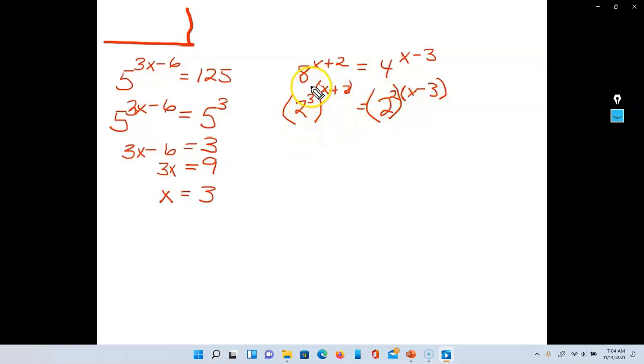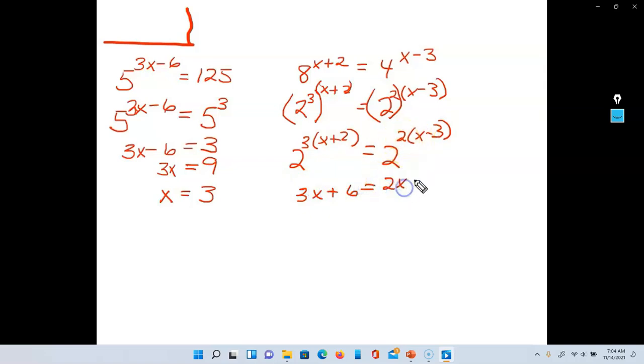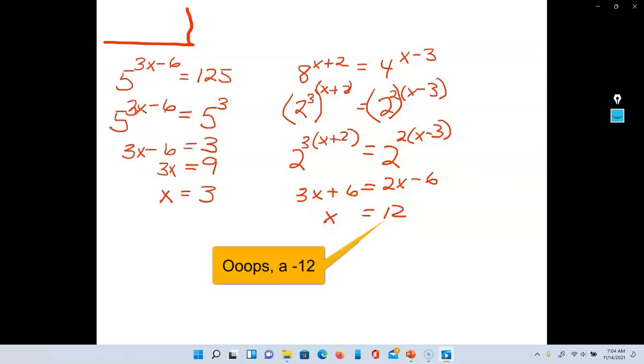So we know we can bring this, we're going to multiply, so this becomes 2 to the 3x plus 2 equals 2, bring this out, 2 to the x minus 3. So our bases are the same, so our exponents must equal each other. So this would be 3x plus 6 equals 2x minus 6. And we're going to subtract 2 x's from both sides. We get x equals 12.